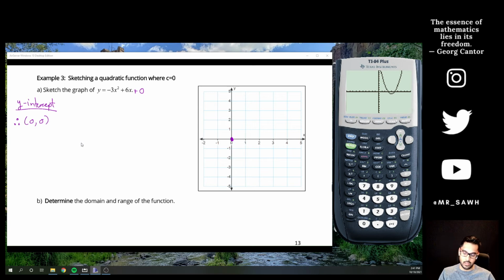That was good. X-intercepts come next, I suppose. And then we can go find the vertex. So x-intercepts mean that we're going to let y equal 0. Actually, let's factor this first. So y equals -3x squared plus 6x.